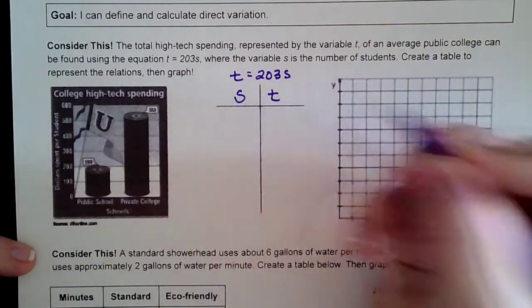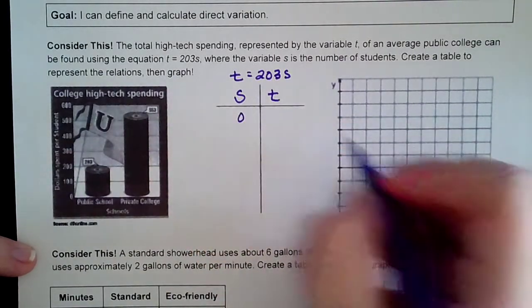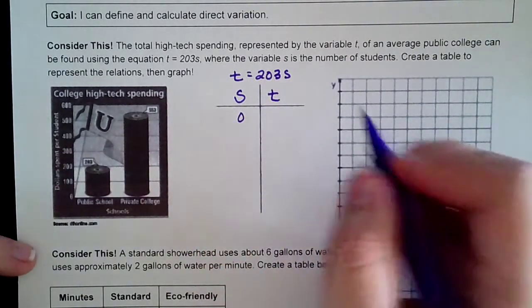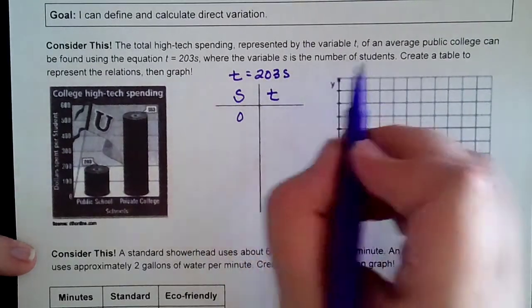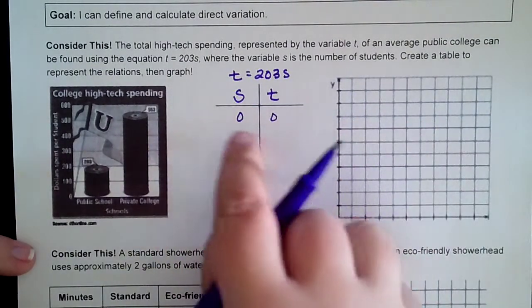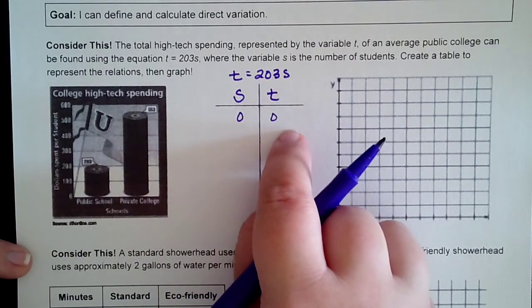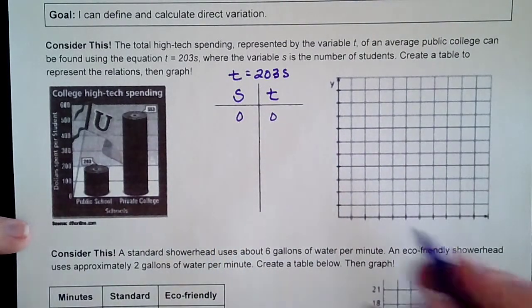If a university has 0 students, meaning S is equal to 0, and I plug that in, I'm going to get 203 times 0 equals 0. So if there are 0 students, there's 0 tech spending. Hey, that makes a lot of sense.